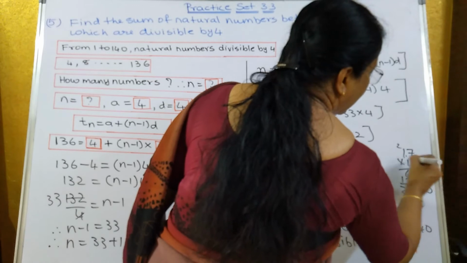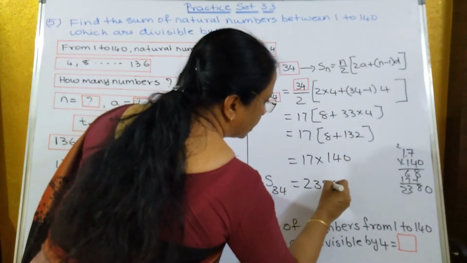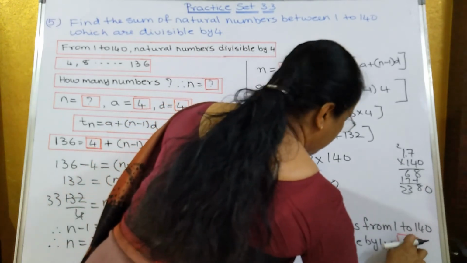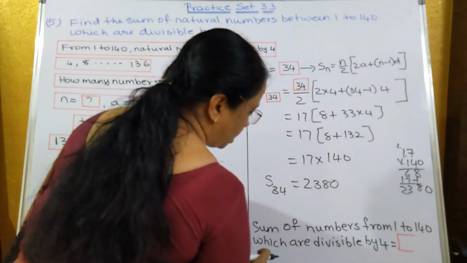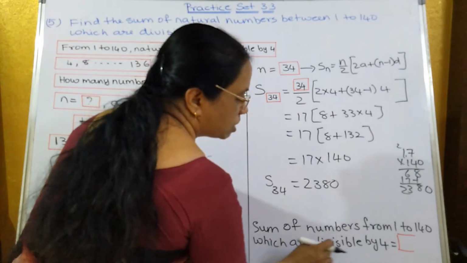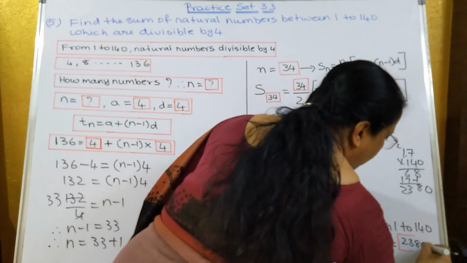You get 2380. So the sum of the numbers from 1 to 140 which are divisible by 4 is 2380.